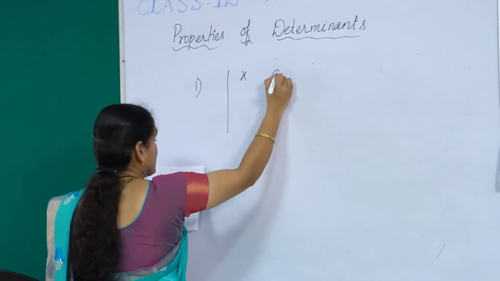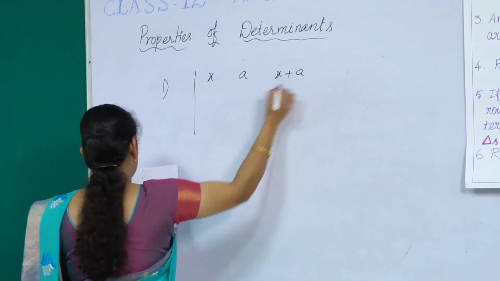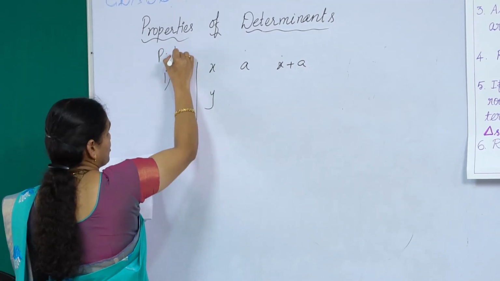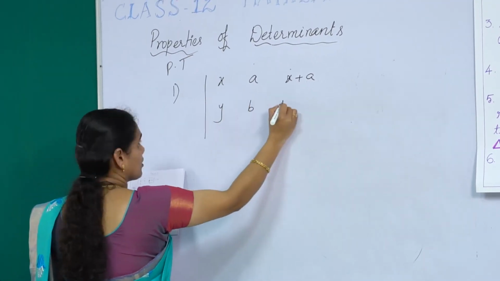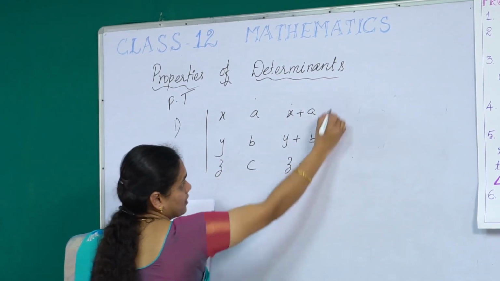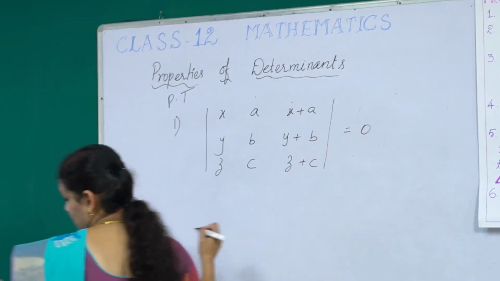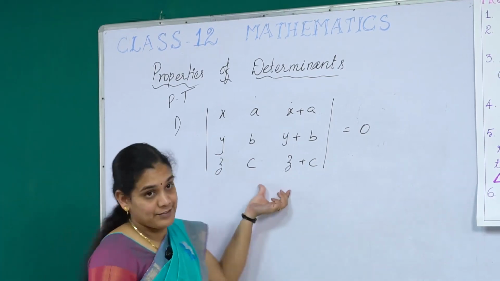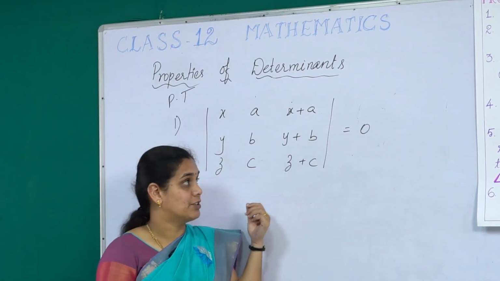Prove that the determinant with rows x, x plus a, and y, y plus b, and z, z plus c is equal to 0. So we will prove that the left hand side is equal to 0.